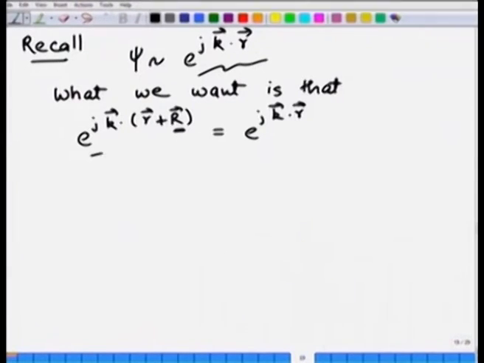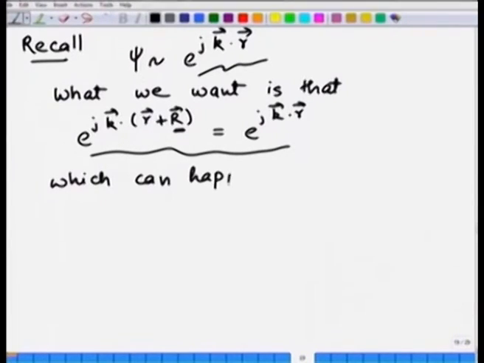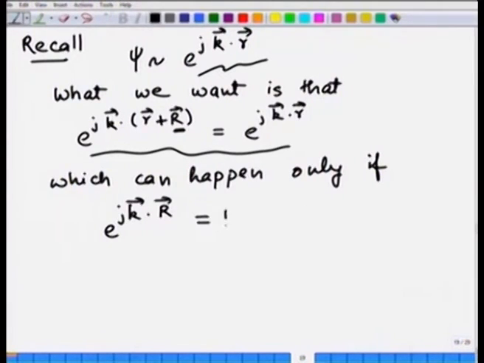So, this is why we want this to happen, because we want that there should be periodicity of R in the wave function also, which can happen only if e to power j k dot R should be equal to 1. Small k dot R, I have drawn, let me erase this, should be equal to 1. If this happens, then this particular thing will be true. All right.